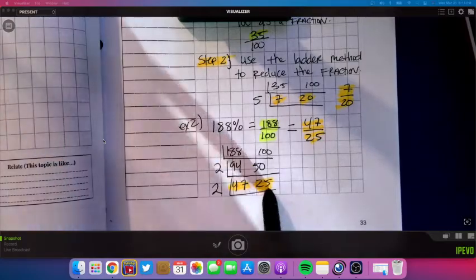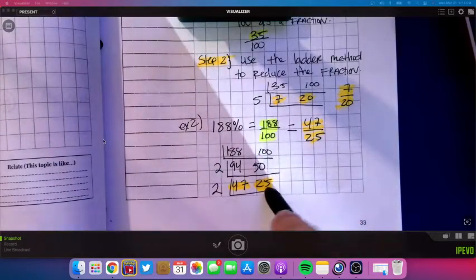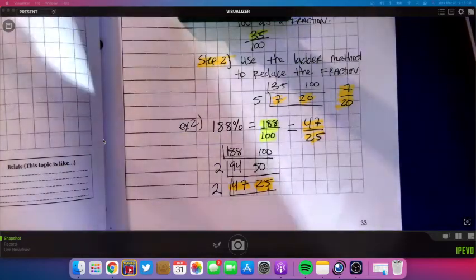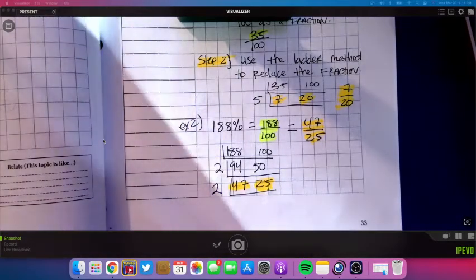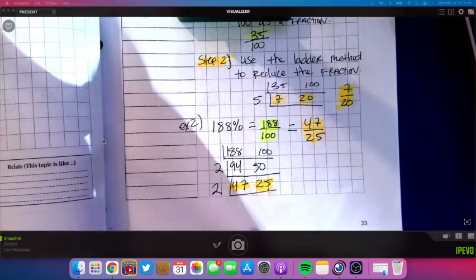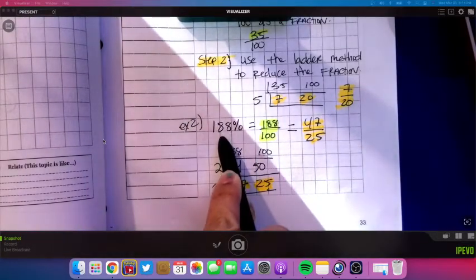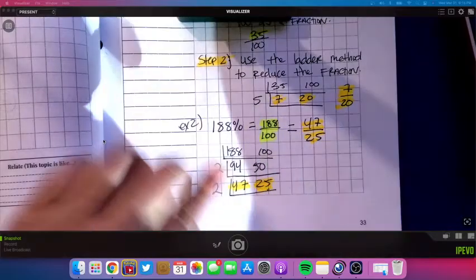Also, the factors of 25 are 1, 5, and 25, and 5 does not go into 47. So there's nothing you can do to divide these numbers again. So 188% as a fraction in simplest form is 47 over 25.